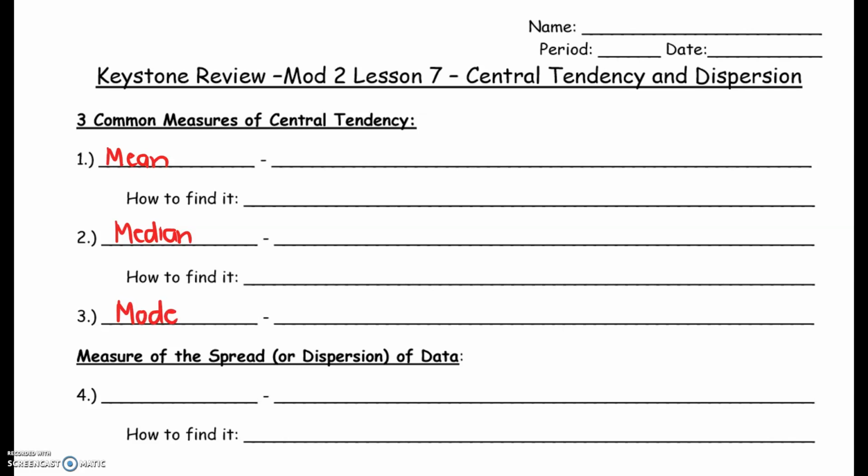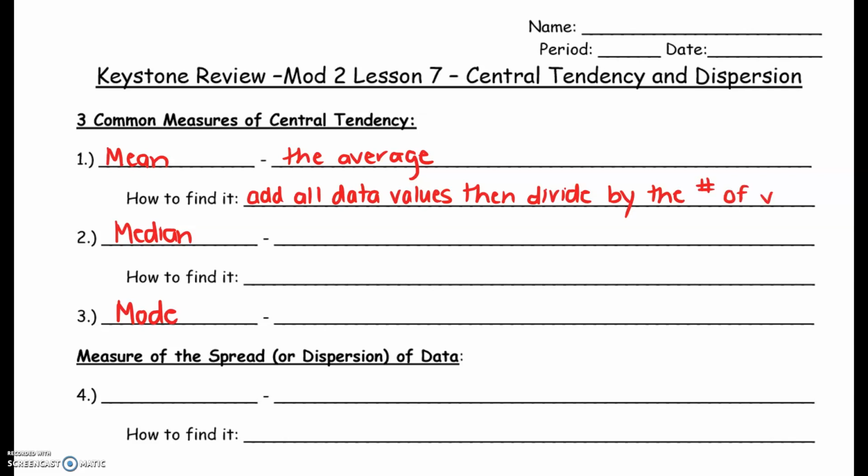The mean is another word for the average. In order to find the average of our data, we have to find the sum of all the numbers. So you will add all data values, then divide by the number of values.